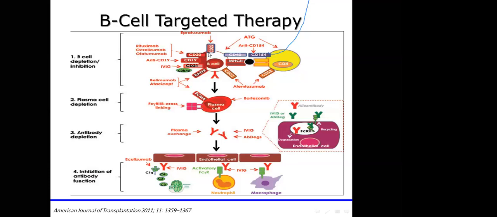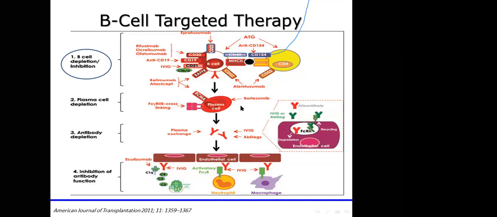The B cell starts to transform into the plasma cell. The plasma cell secretes antibodies, and the antibodies start to attack. So if we need to target the B cell, we give anti-CD20, which is rituximab and obinutuzumab, as we mentioned, Gazyva. And if we decide to attack the plasma cell, we have bortezomib. Bortezomib is a drug for multiple myeloma.